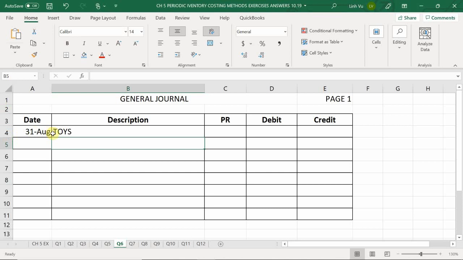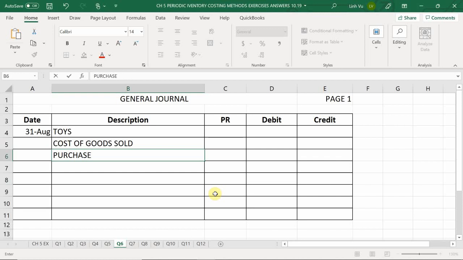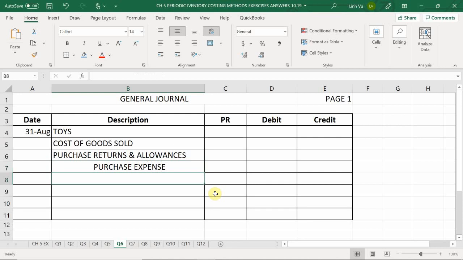In toys, cost of goods sold, and then purchase expense and freight expense. And purchases and returns and allowances. Good. Purchase returns and allowances. Purchase expense and freight expense. Good.